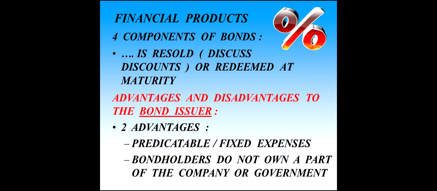A bondholder is different than a stockholder. A stockholder has a voice in how a corporation is managed. A bondholder is no different than a bank and does not have an active voice like a stockholder does in a company. And that can be an advantage to a corporation in terms of this relationship in borrowing money.